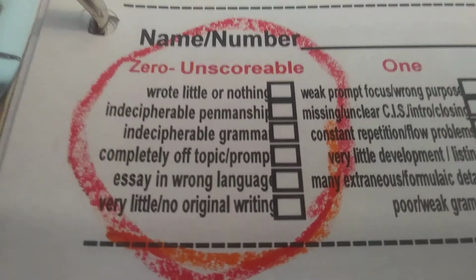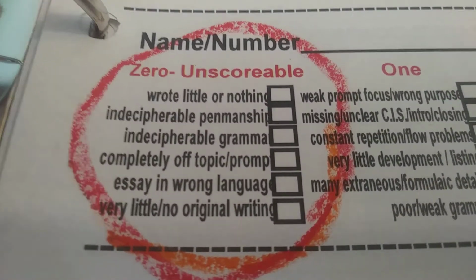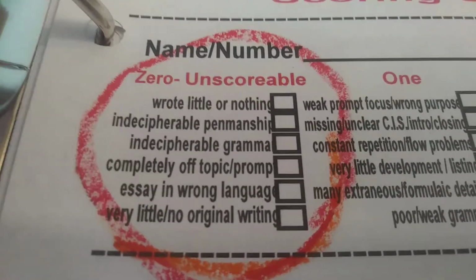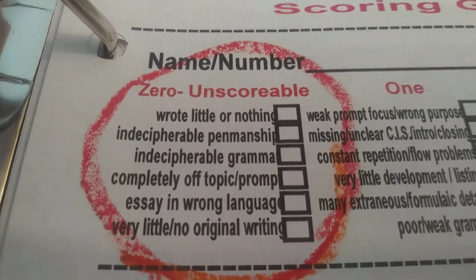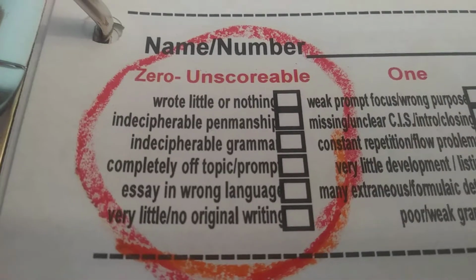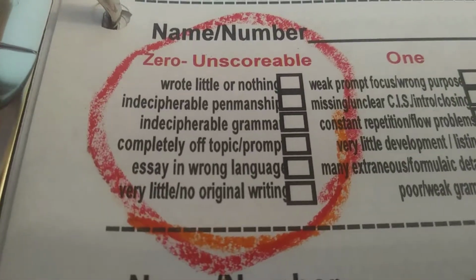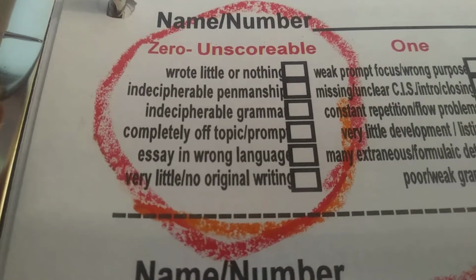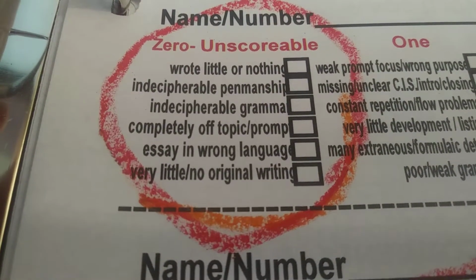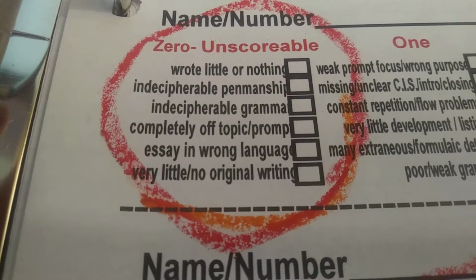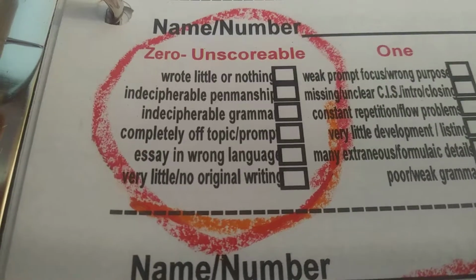Another example, if all you write is a poem or a song or a book or the lyrics of something, there's no original writing there. It has to be something from the kid's own head. It can't be nothing but a formulaic, rigid restating of the prompt and everything in the read section or the think section. Those will get 0s.